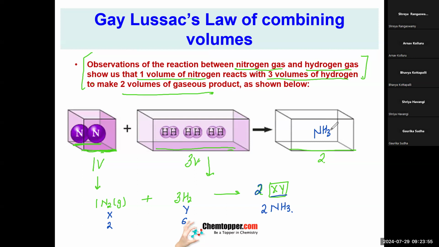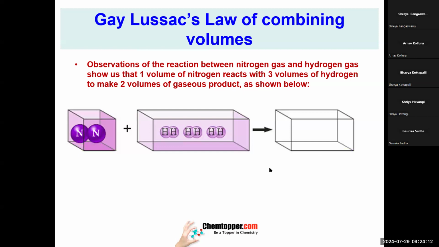By using Gay-Lussac's law and Avogadro's law, they were able to make out the formulas. You are understanding this? Exactly the way you did it here, in the same way they did the experiment and worked out the formula of the product.